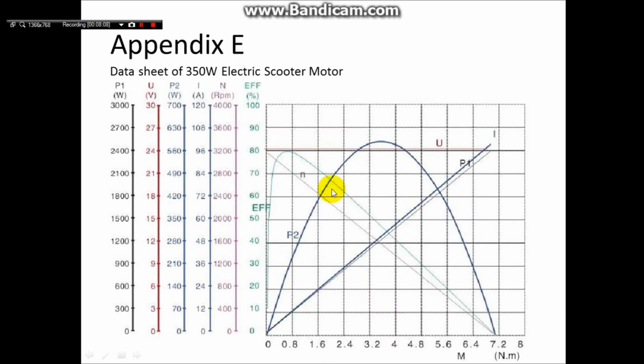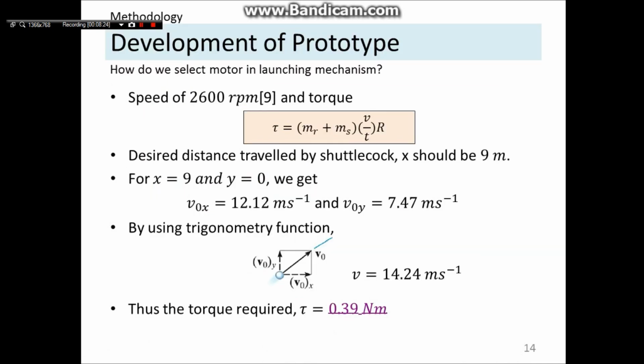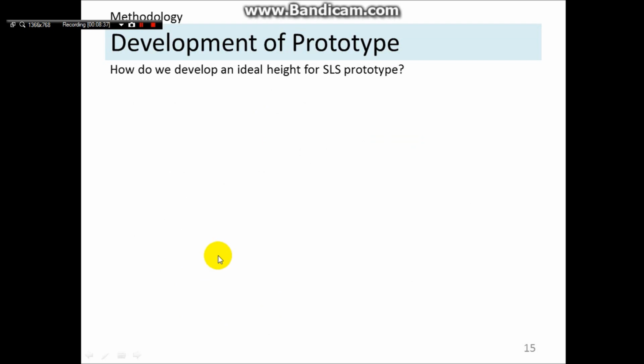From the data sheet of this scooter motor, we can see that with the torque of 0.39 Newton meter, we can get a motor speed of about 3000 RPM. That is sufficient to drive the shuttlecock, and thus the 350 watt electric scooter motor is chosen.